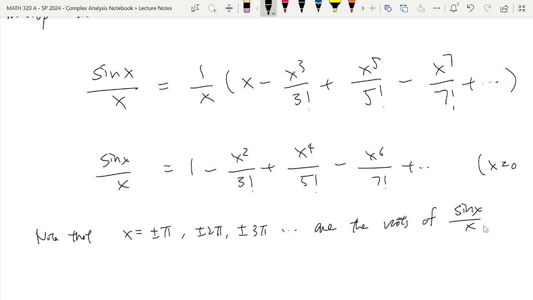Plug in sine pi is 0, so 0 over pi is also 0.